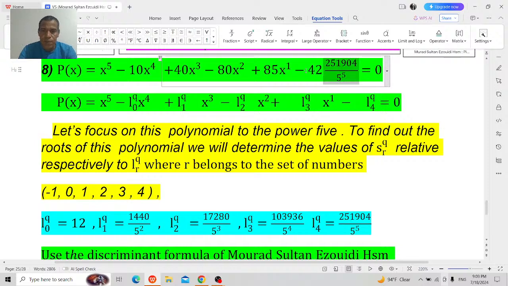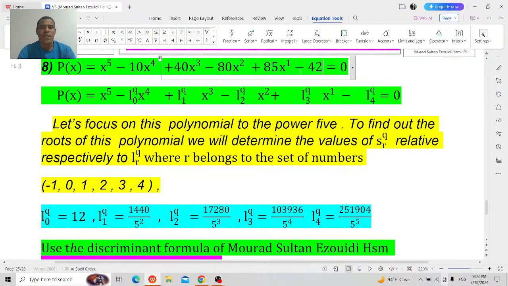This is the polynomial to the power 5, learners. You are going to work through the discriminant formula of mine, and you are going to solve this polynomial without any problem. Let's start.